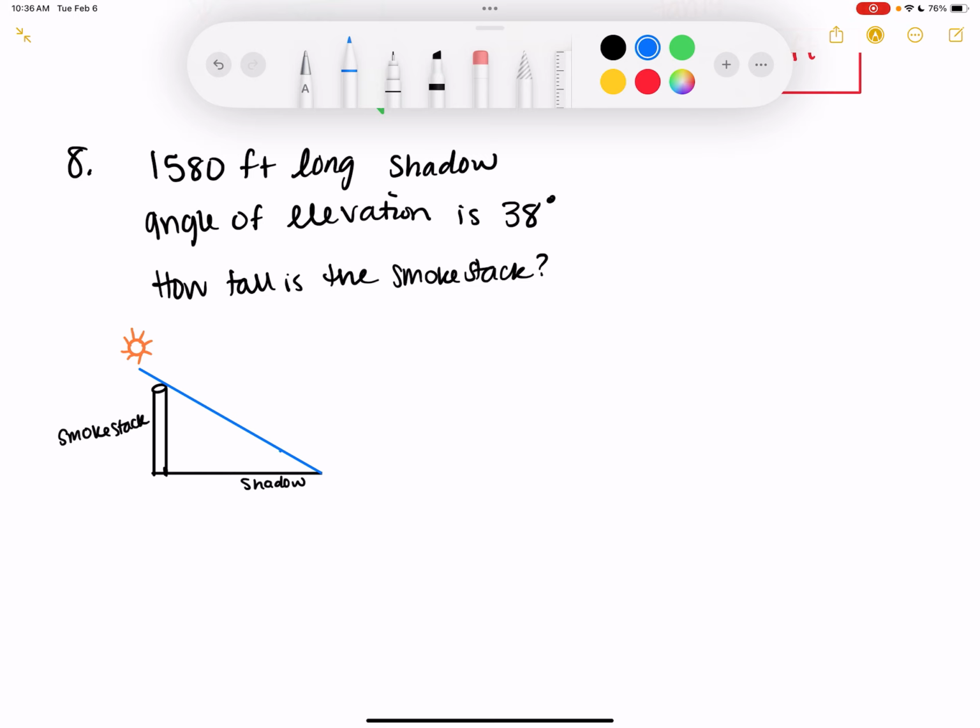And this is 38 degrees. Oh, the shadow was 1,580 feet.